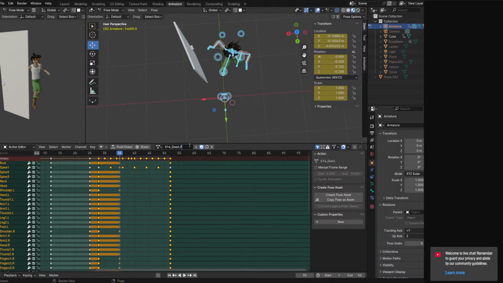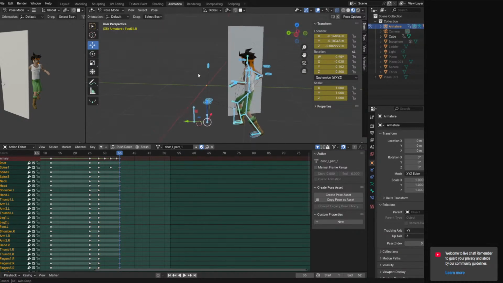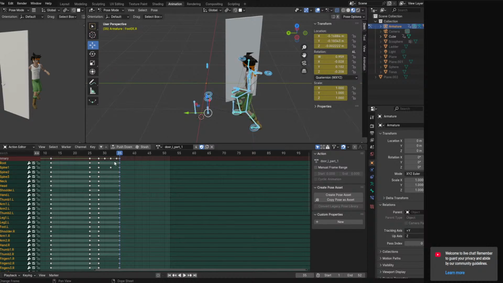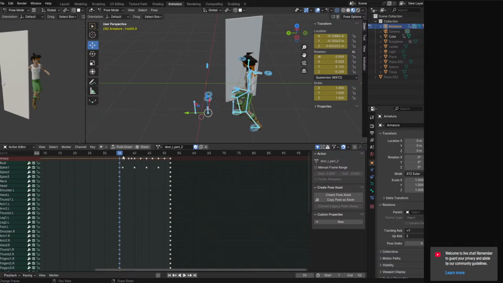Door L part 1. So part 1 will be just the first half. Part 2 will be just the second half.